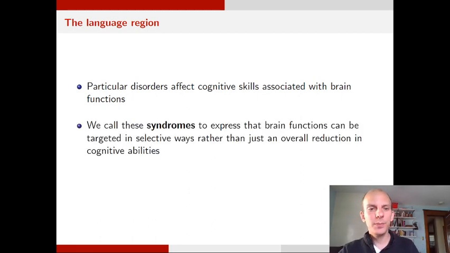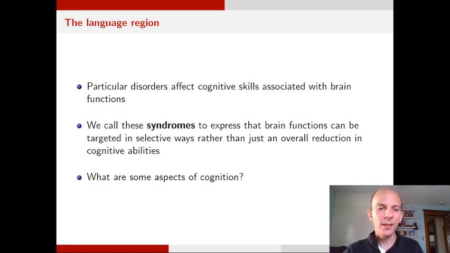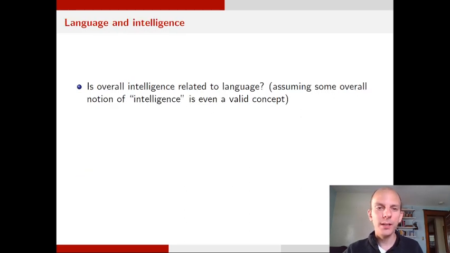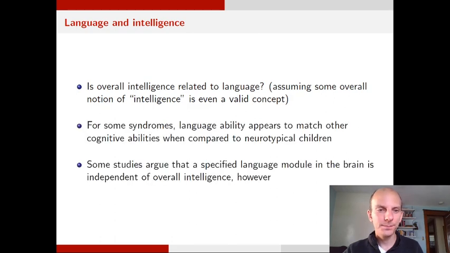And we're going to look in particular at some different syndromes. And syndromes are these disorders that affect cognitive skills and brain function. And the question we want to ask is, is overall intelligence related to language? Is there a central aspect such that the smarter you are, the better you are at language?